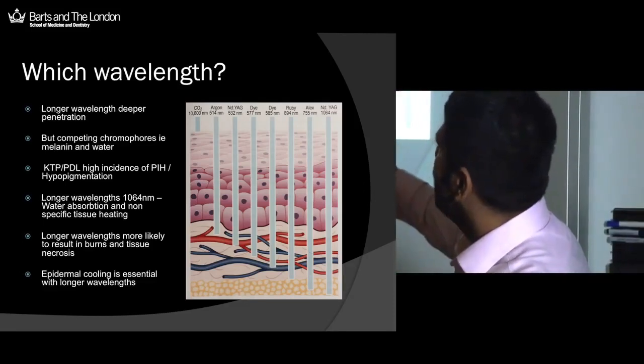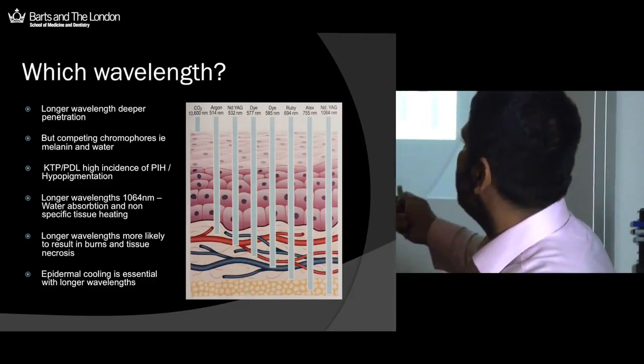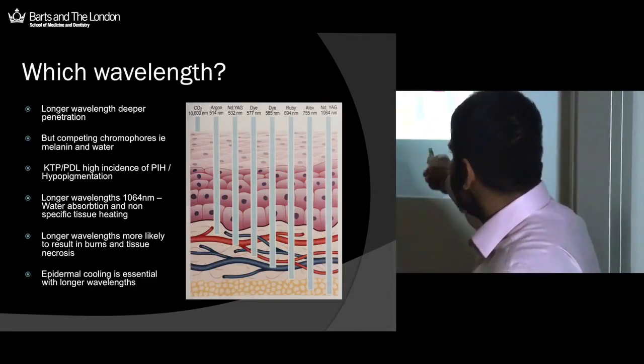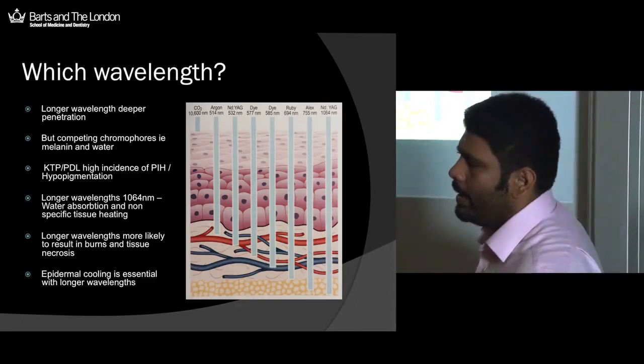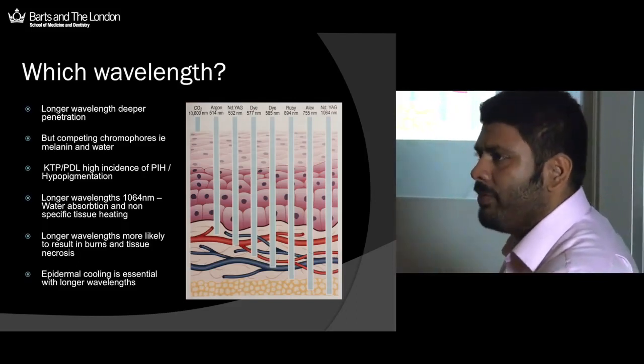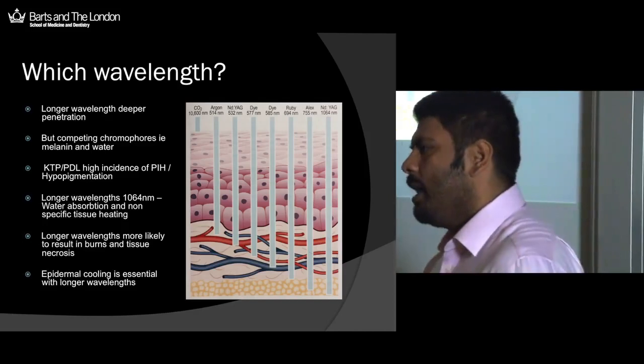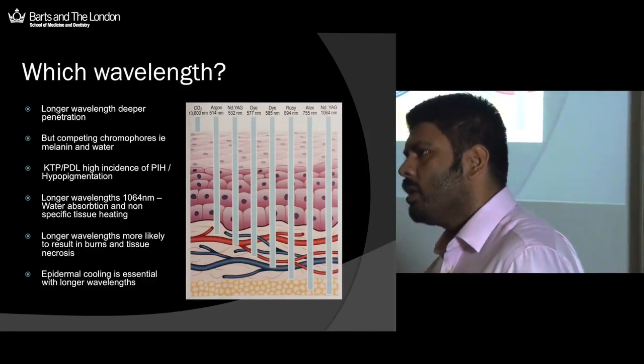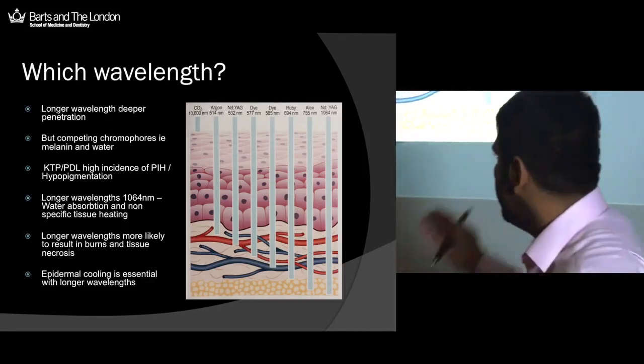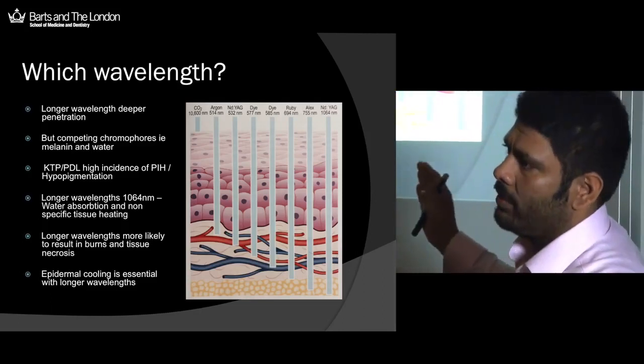So when you use a pulse dye laser, for example, at 585, what happens is when the beam hits the top of the vessel, it causes heating of the roof of the vessel. It causes quite a lot of heating of the roof of the vessel, but it only causes a thin layer of localized trauma to the vessel that is not enough to seal that vessel off.